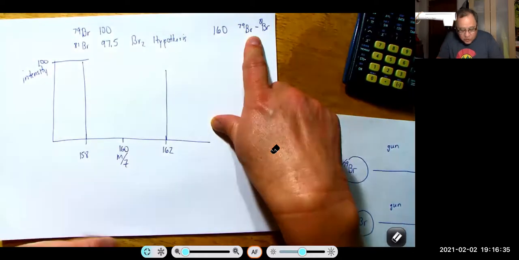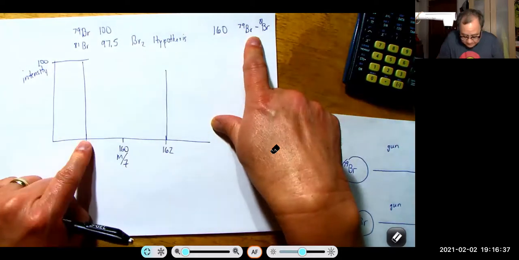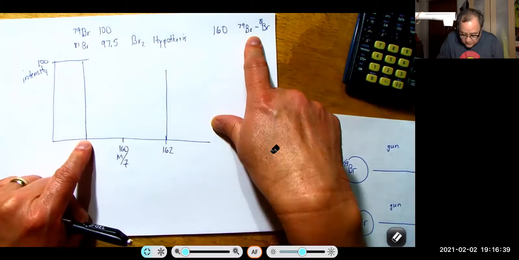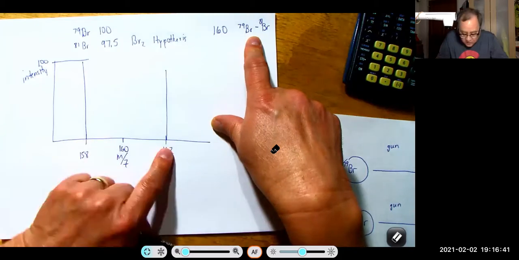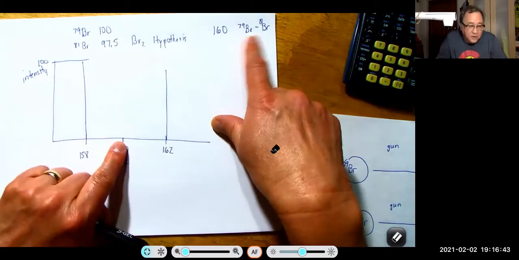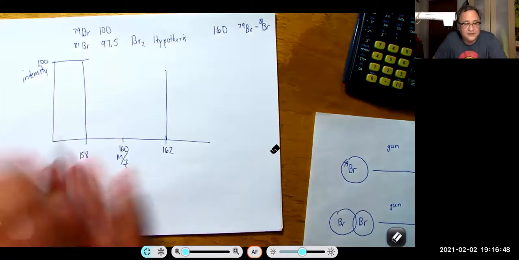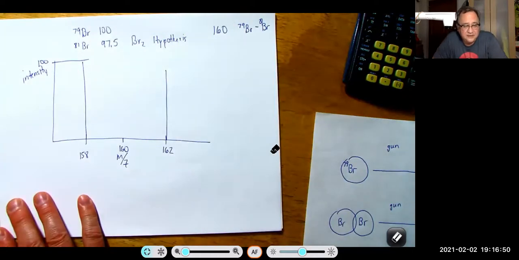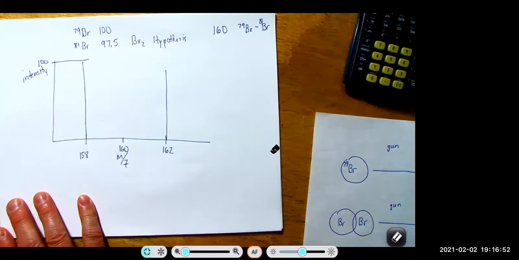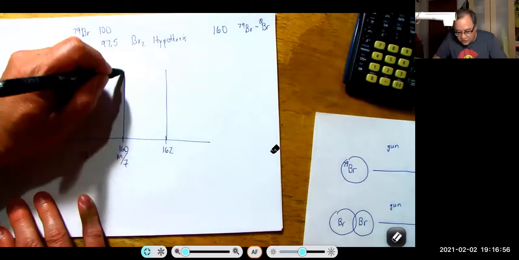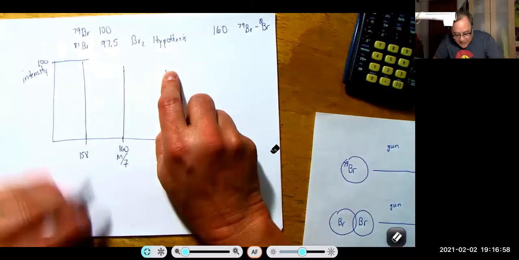Now, 2 79s are more likely. 2 81s are less likely. What about a 79 and an 81? What would you expect that to be compared to these other 2 peaks? It said it was at 100. I would expect it to be taller than this one, but shorter than that, wouldn't you?